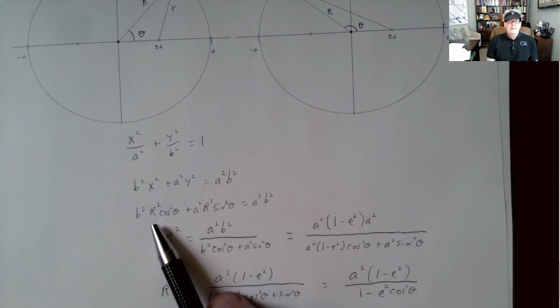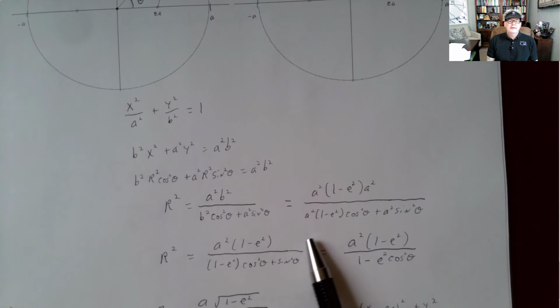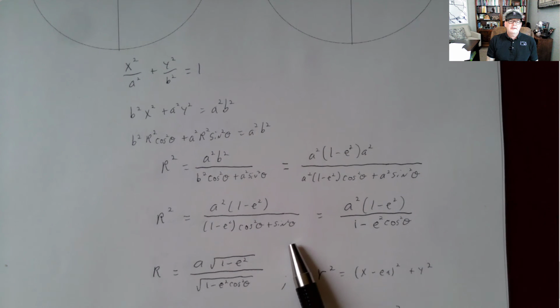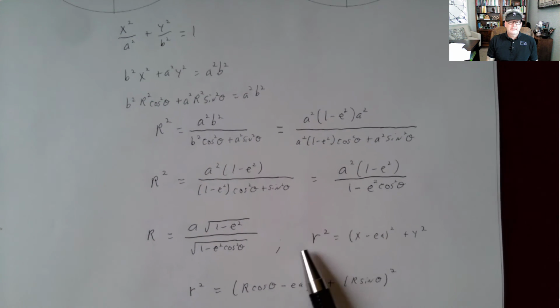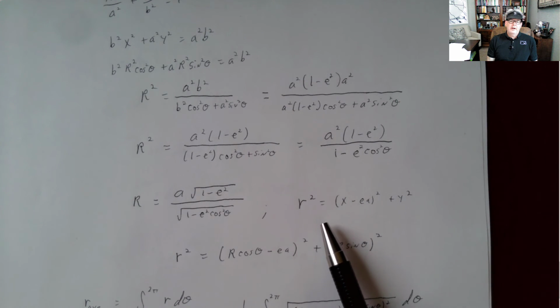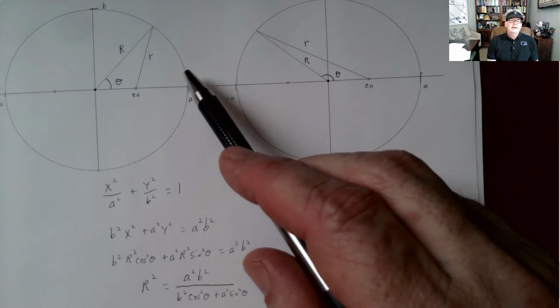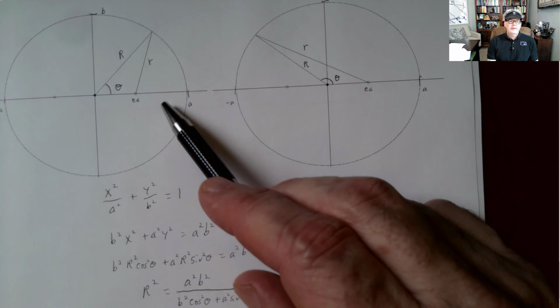So x is big R cosine theta, y is big R sine theta. You can factor, solve for big R, and take the square root, and then my little r is the square root of the same as before, right? X minus ea squared plus y squared.